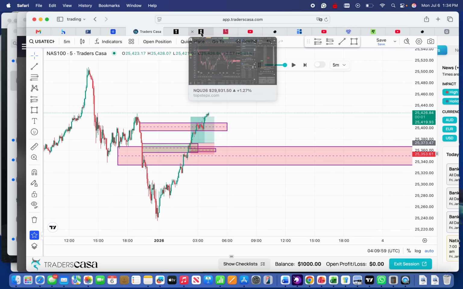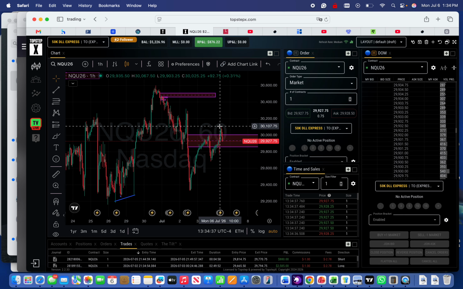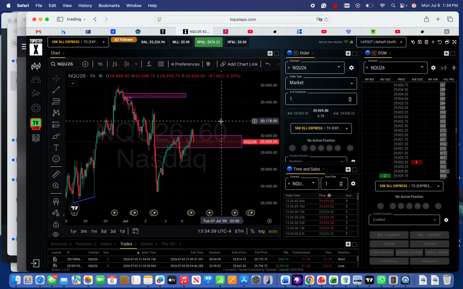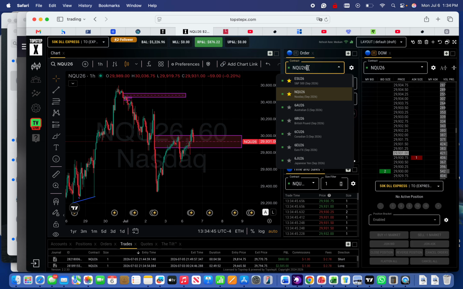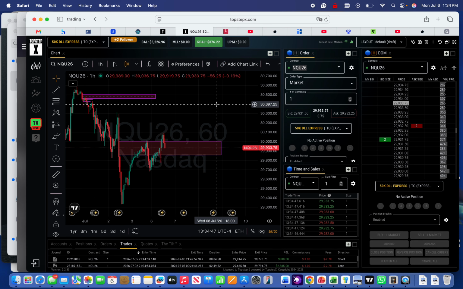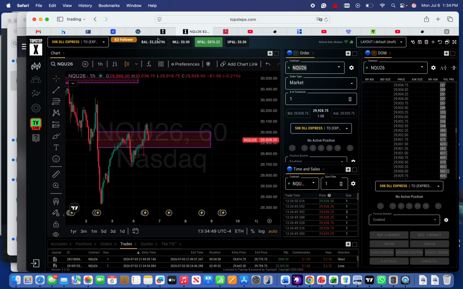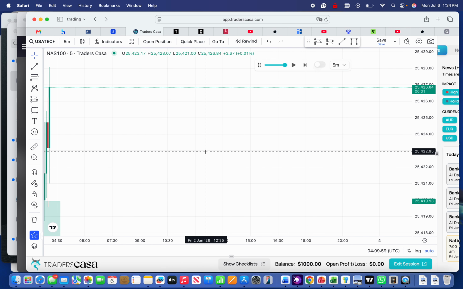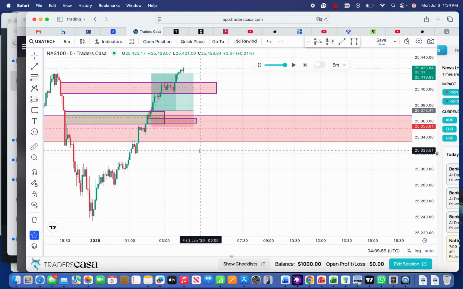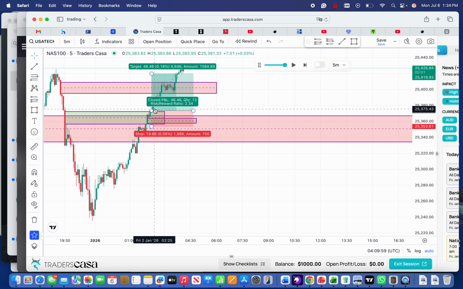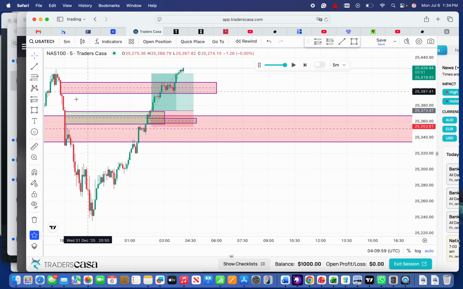That's why you have to be cautious with the trades that you take, because if you don't look at both pairs and both indexes, then your setup could be blown up. So like, let's say I took the trade right here, right? And everything is good.